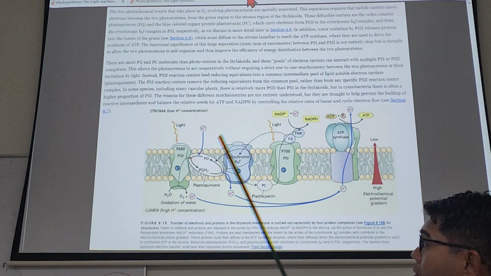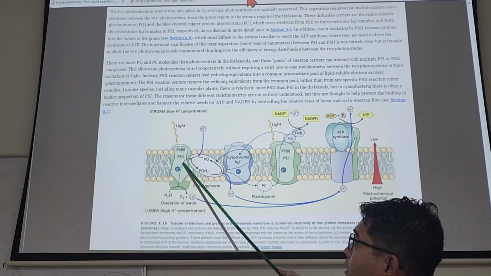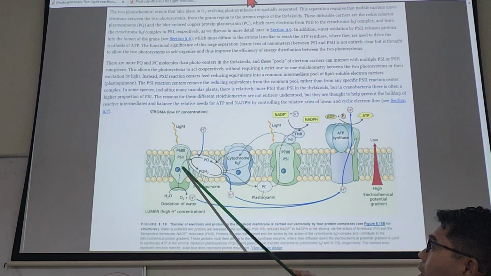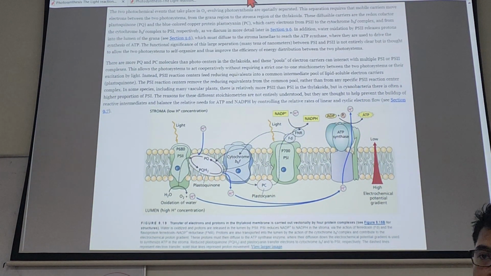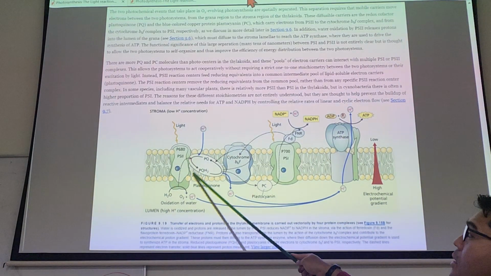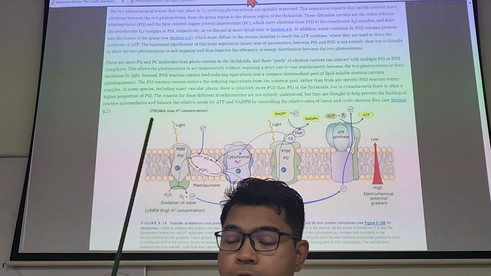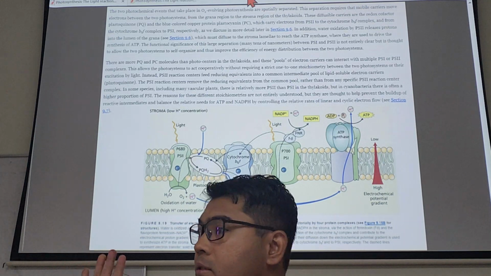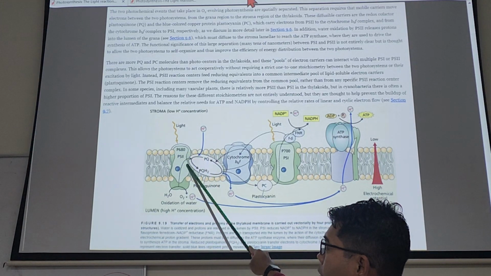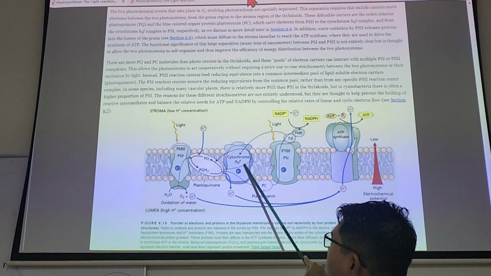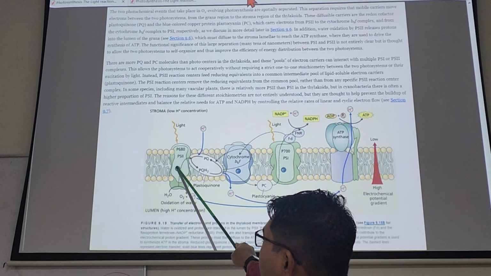Okay, and in between this phospholipid bilayer, there are integral proteins. These are the integral proteins: PS2 protein, PS1 protein, cytochrome B6F protein, and also the ATP synthase protein. Okay, you can see that they are arranged in a vectorial way, meaning that in sequence, in the right positioning. You are not going to find this PS2 protein in between cytochrome and PS1, because the energy moves from here to here.